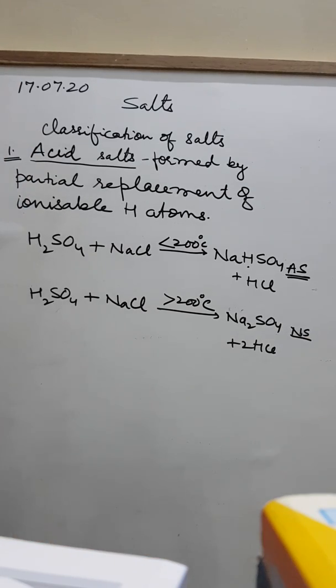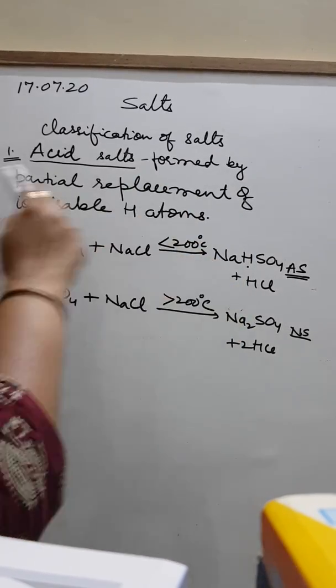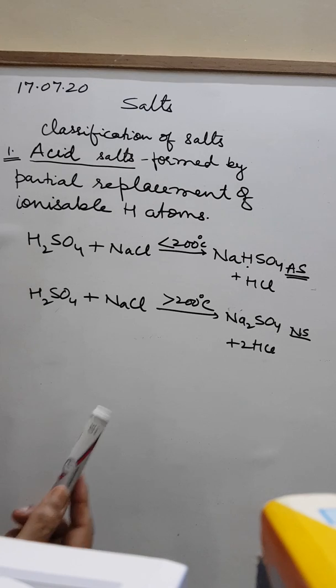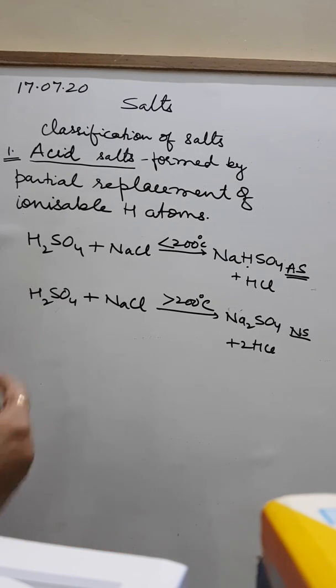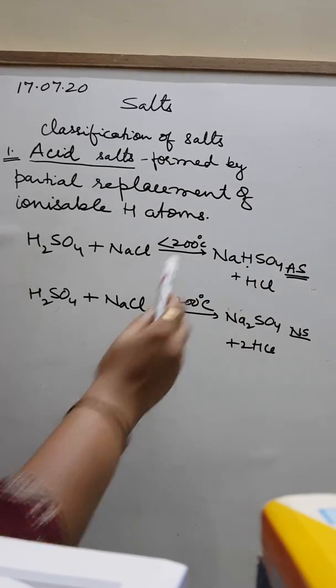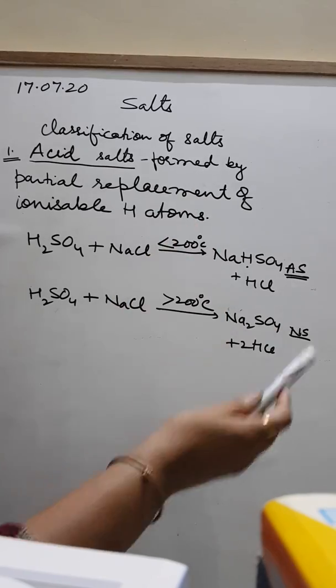Children, this is how we have studied acid salts, and these have one ionizable H. So when they are dissolved in water, they furnish H plus ions, and because they furnish H plus ions, they show properties quite similar to acids. So acid salts show properties similar to acids because they have one displaceable or ionizable H present in their formula, in their chemical composition.